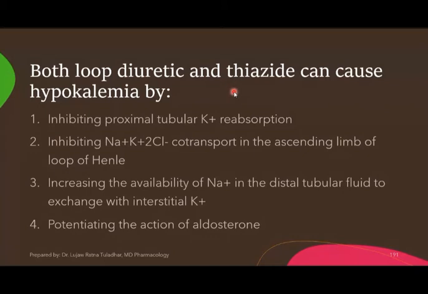So the main action of most of the diuretics is to prevent absorption of sodium from their respective sites. Carbonic anhydrase inhibitors inhibit absorption of sodium from the PCT. Loop diuretics inhibit the absorption of sodium from the ascending limb of the loop of Henle. Thiazides inhibit absorption of sodium from the DCT.